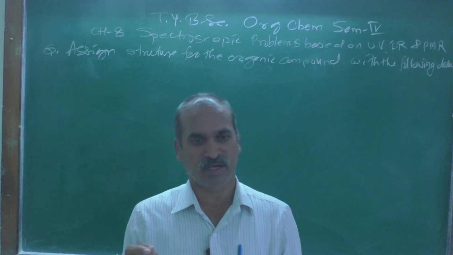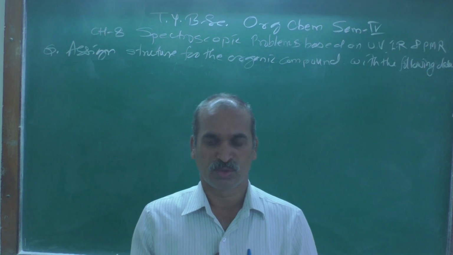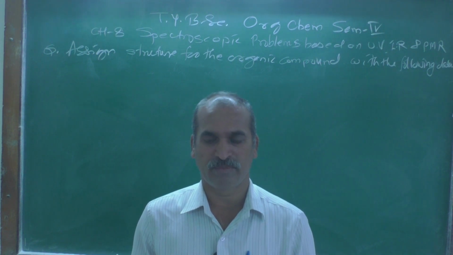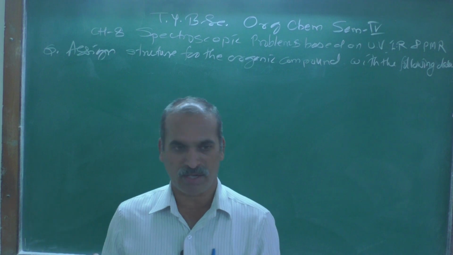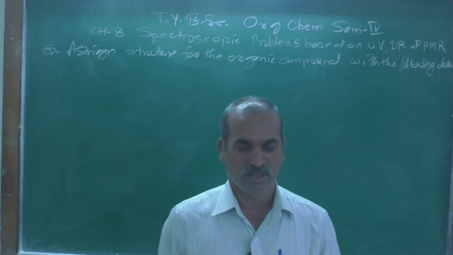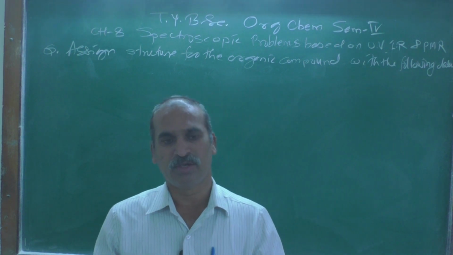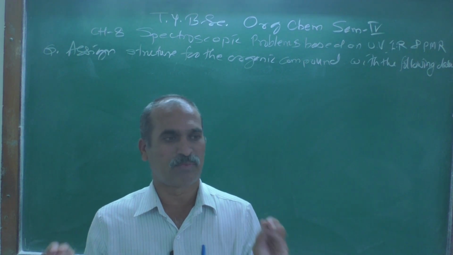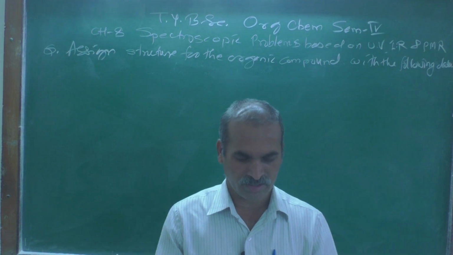From UV and IR we are getting only partial information about the structure, but from PMR spectroscopy we are getting full information about the organic compound.